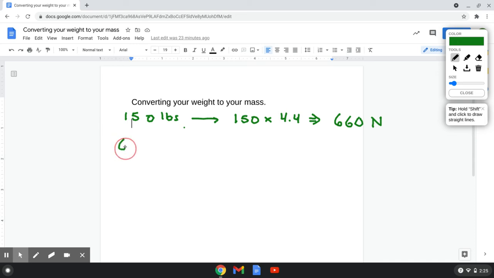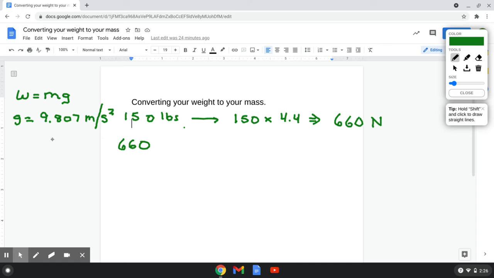Now we have 660, because with the formula, the weight equals the mass times g, and g is the gravitational acceleration. g is roughly 9.807 meters per second squared.